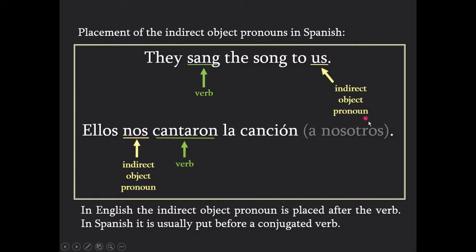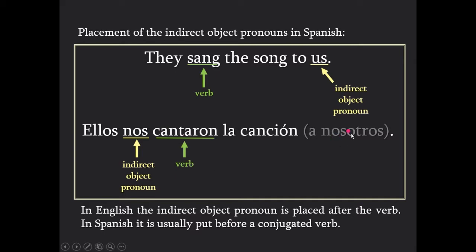Now, you'll see a nosotros over here grayed out. All that is there for is the fact that that could be said if I wanted to really emphasize nos. It looks redundant because if nos already means to us, why would you put that in? In English, it would be redundant. You wouldn't say they sang the song to us, to us.